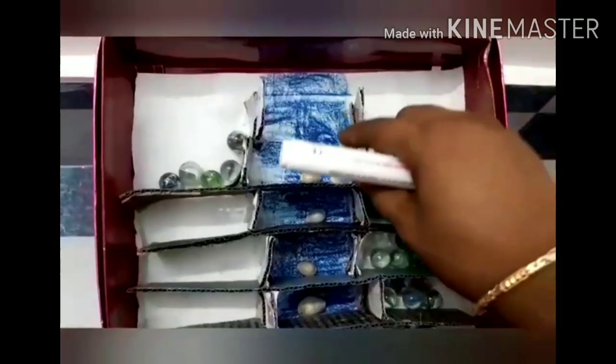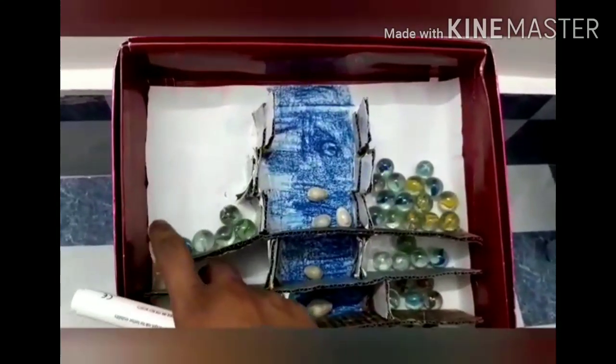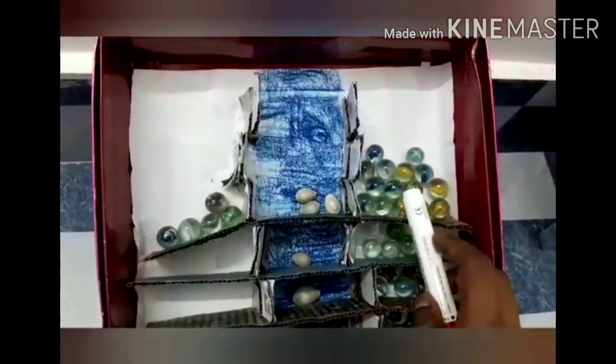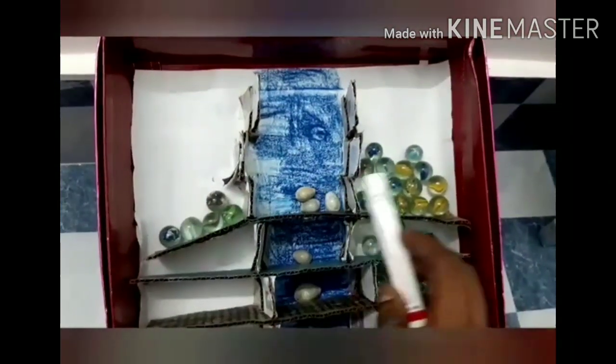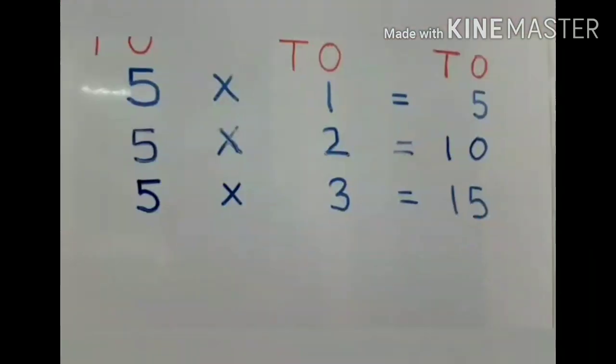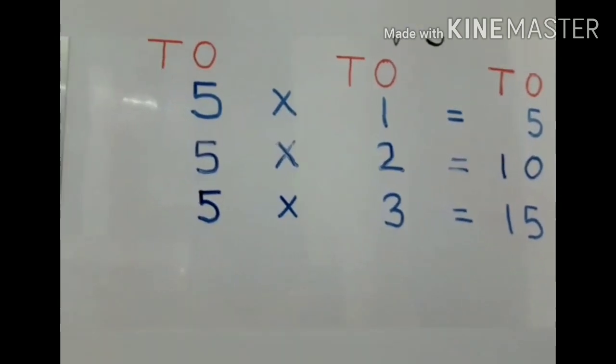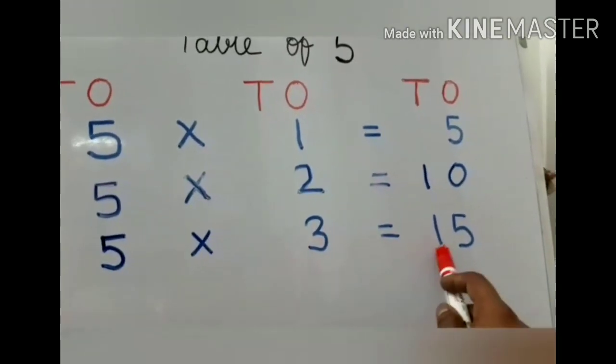Then again I will take out this cardboard and it will become 5 threes are 15. See children, I have written 5 threes are 15.